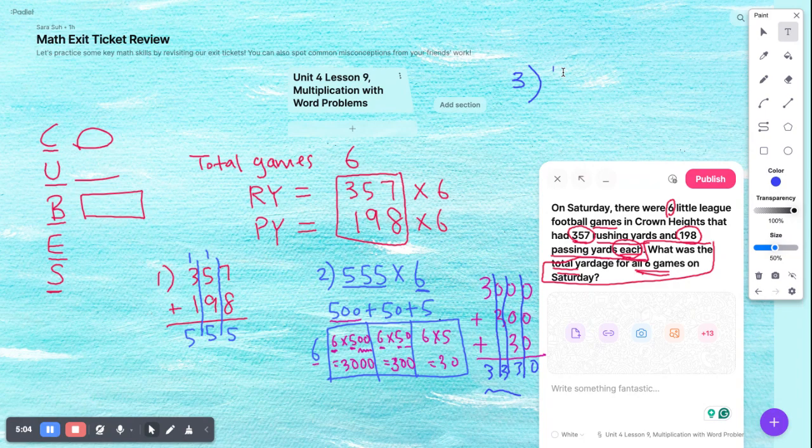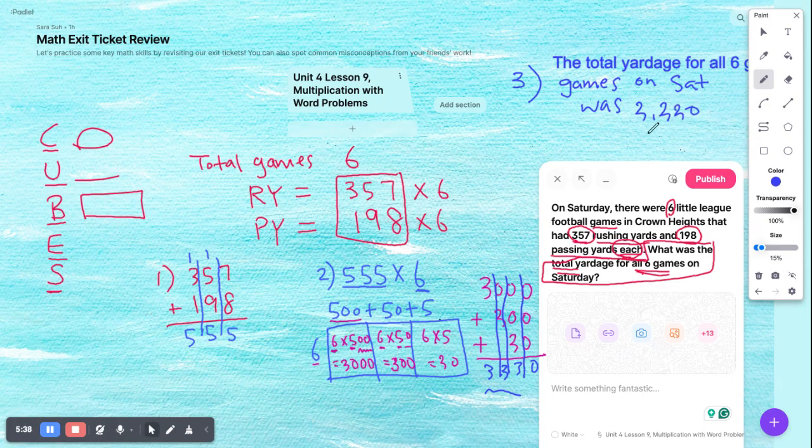I can write the total yardage for all 6 games on Saturday was 3,330. There you go. I almost restated the big question in my final answer. Good job, everyone.